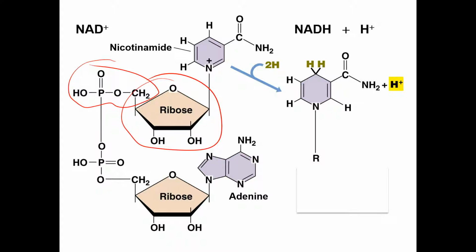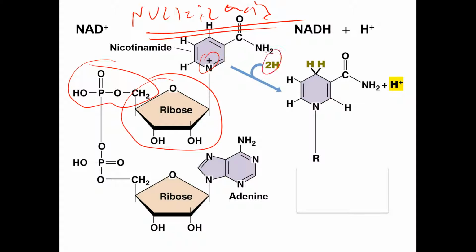So this would be an example of a nucleic acid. Here, NAD plus has that little positive charge on the nitrogen. You accept your two hydrogens, and they go here, and you end up with NADH plus a proton.